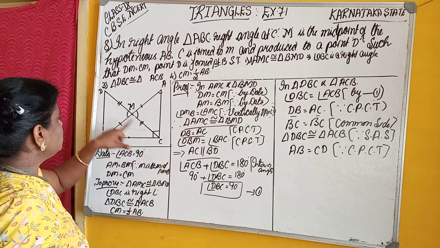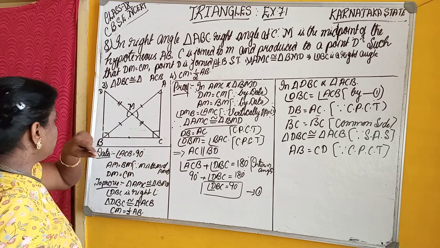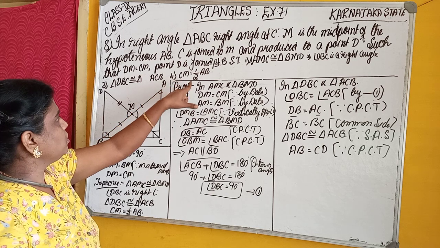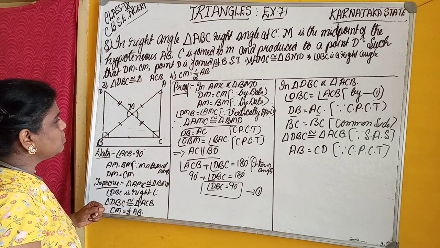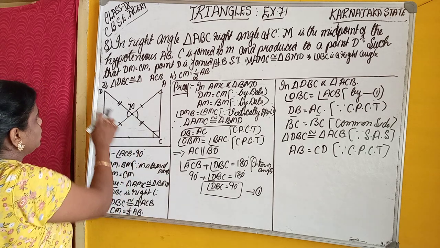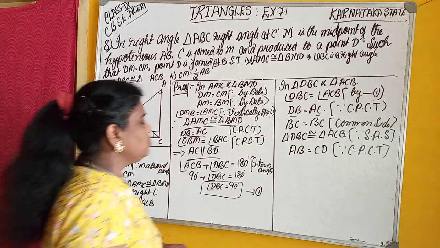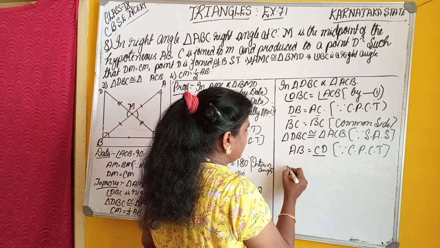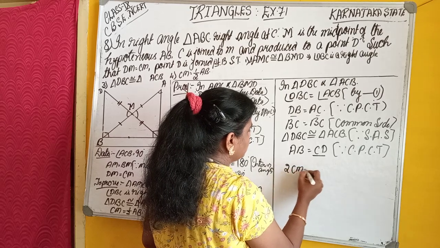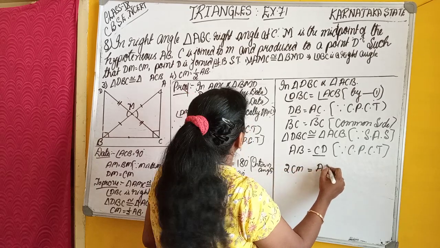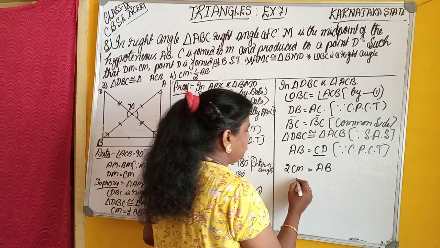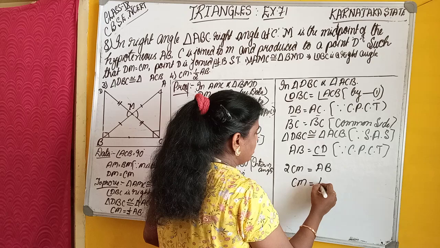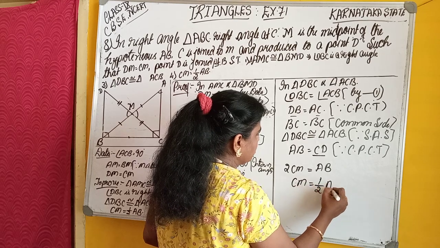AB is equal to CD, but what we have to prove is CM is equal to half of AB. Instead of CD we can write 2CM. So 2CM is equal to AB. Therefore, CM is equal to 1 by 2 AB.